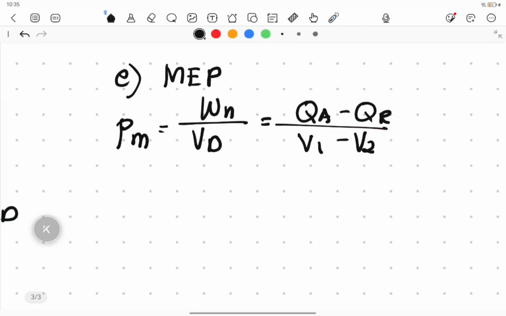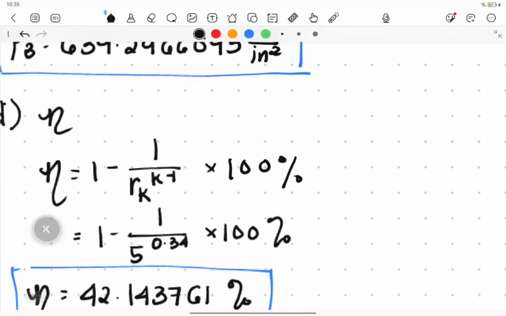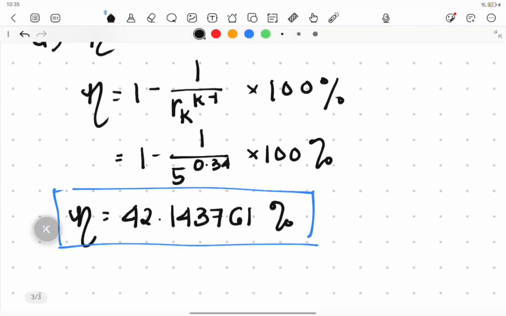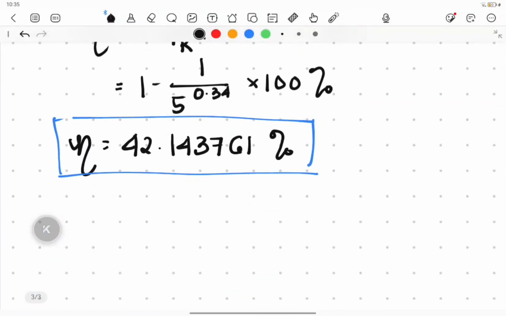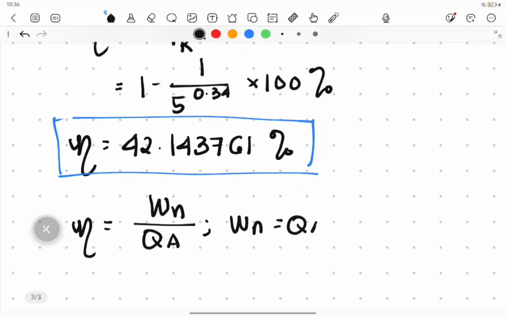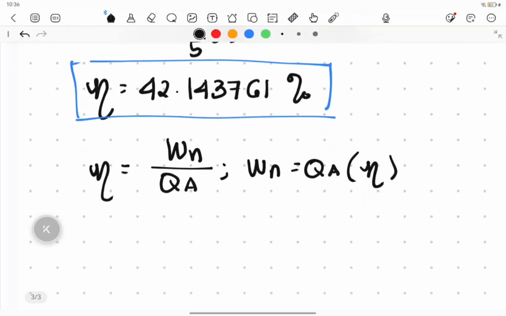So what we can do is use this formula of efficiency in getting the work net. So how is that possible? We know that the efficiency is also work net over QA, and we can just do that work net is equal to QA times efficiency.